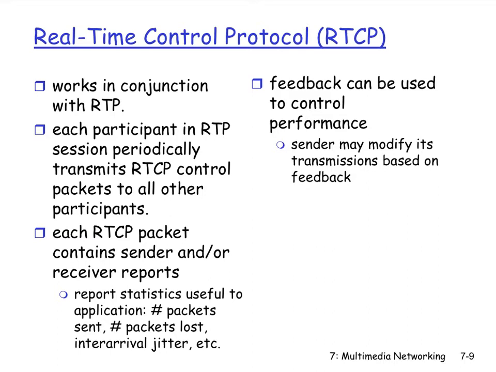So we talked about real-time protocol, and we said that the main characteristics of RTP is to provide payload type, where we describe the encoder that the source uses to encode audio or video.